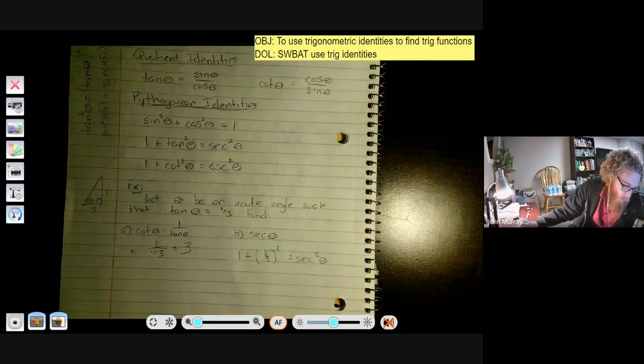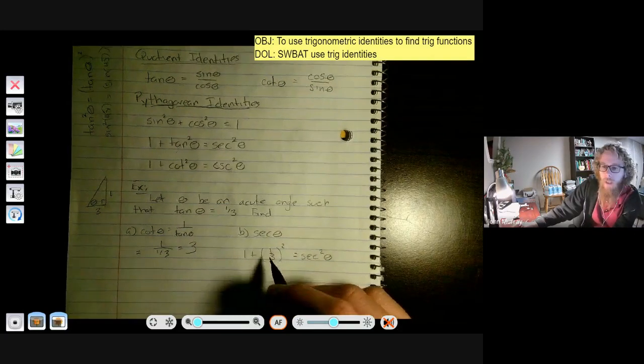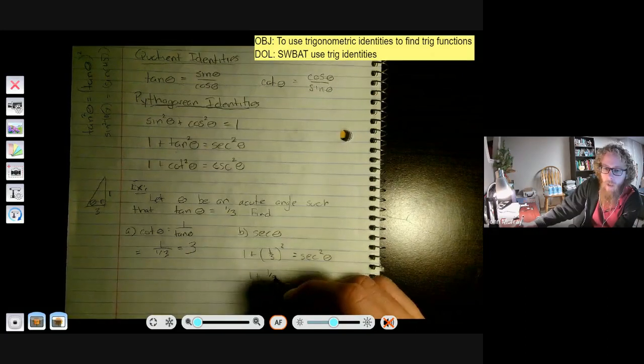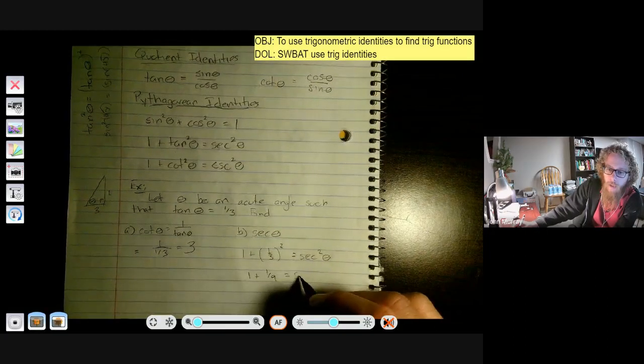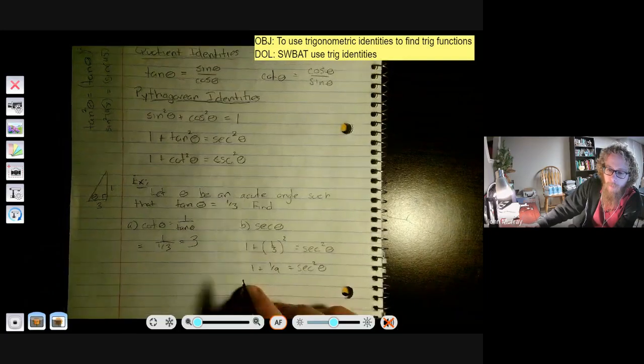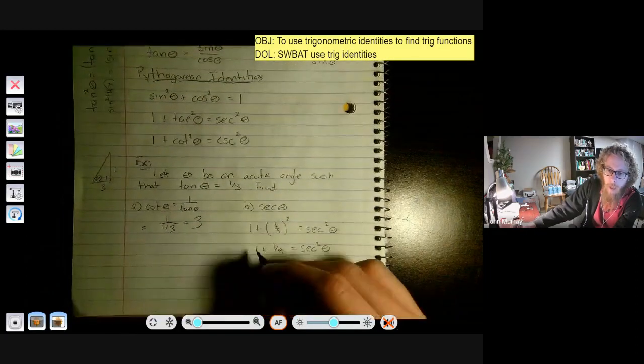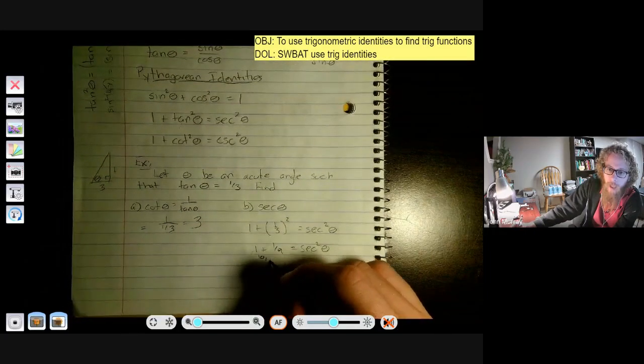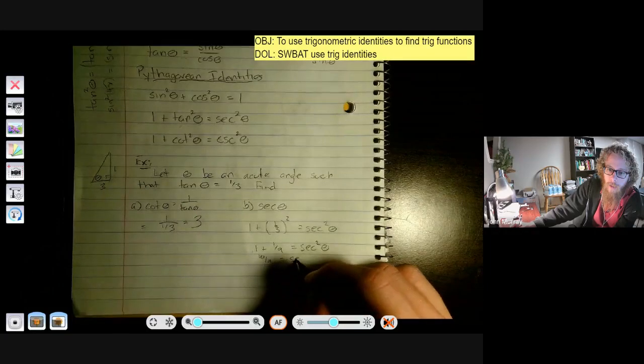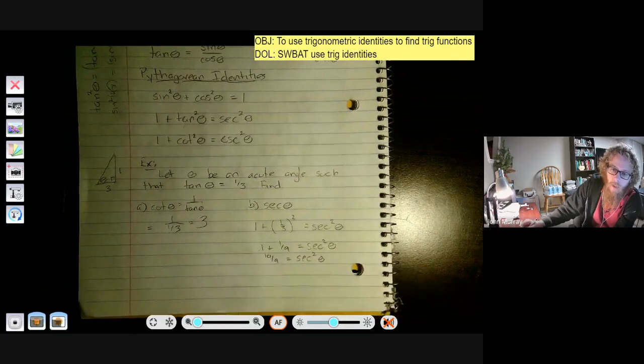So this here is going to give me 1/9. 1 plus 1/9 is going to give me 10/9. So I have 10/9 equals secant squared.